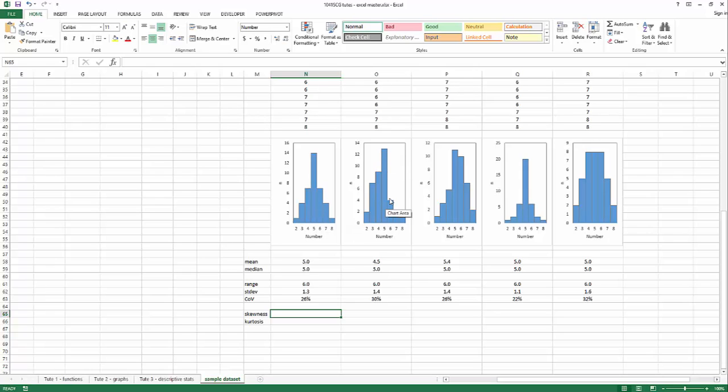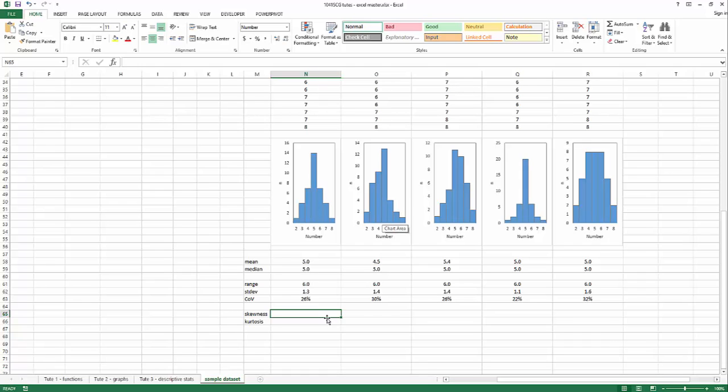Whereas this obviously shows that from the median of 5, there's more data on the left. And here with the median of 5, there's obviously a bump. The data is not symmetrical. There's more on the right. And so this should have a positive skewness value because it's skewed to the left. This should have a negative skewness value because it's skewed to the right. Let's see if that works out.